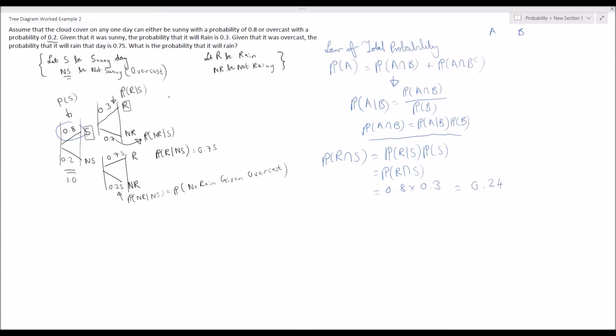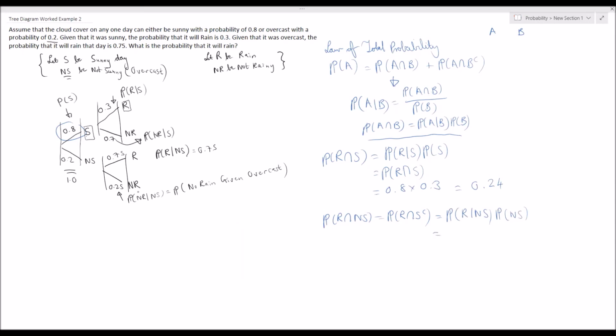Now we have calculated the probability of rain and sunny. Well, how about the probability of rain and not sunny, or the probability of rain intersecting with the event that it was the complement of sunny? This is equal to the probability of rain given that we had no sun multiplied by the probability that we had no sun visible, or an overcast day.